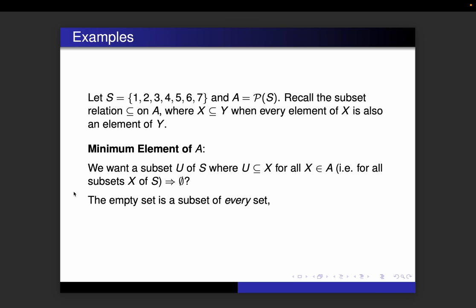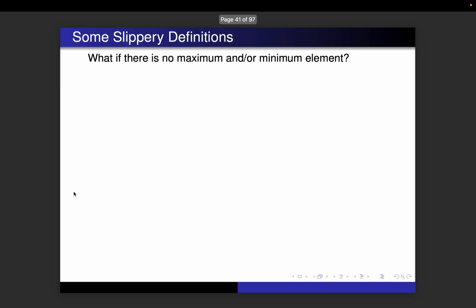Now, the nice thing about the empty set is it is a subset of every set that there is anywhere. In particular, it's a subset of all X where X is in A, in other words, all subsets of S. And that tells us that the empty set is the minimum element of our partially ordered set.